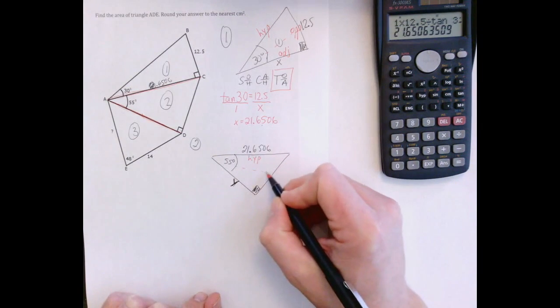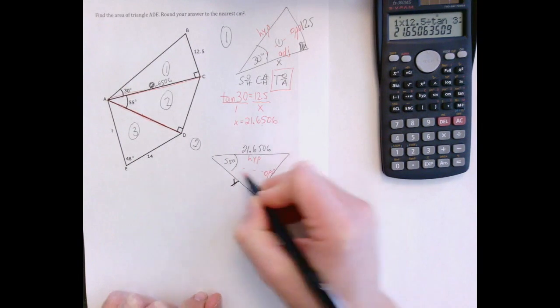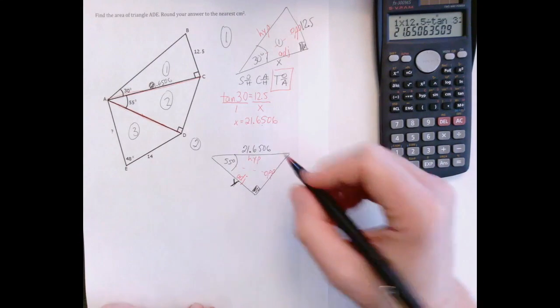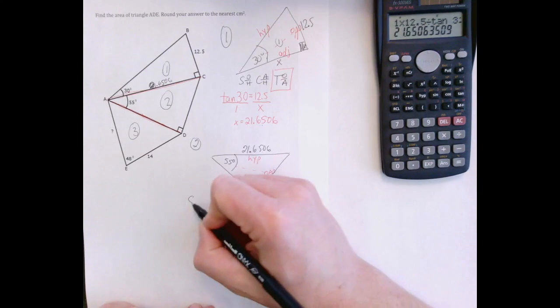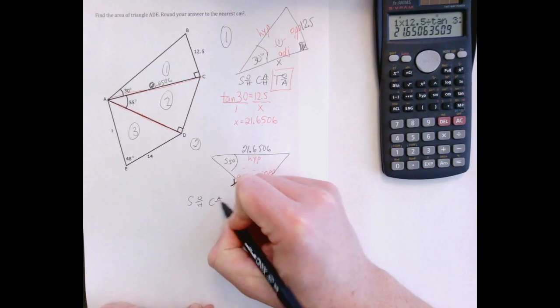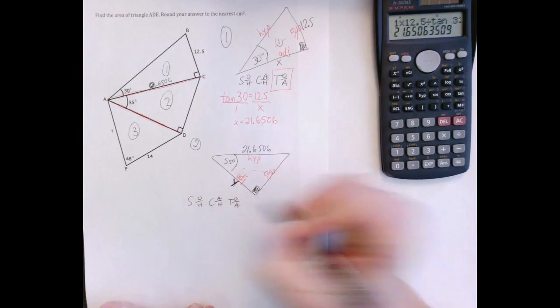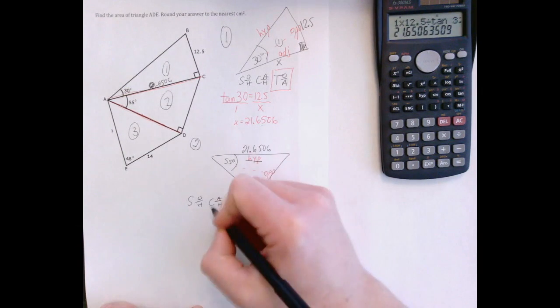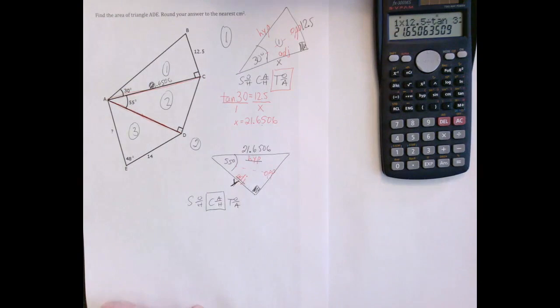Across from the angle I'm working with is opposite, and the third side is called adjacent. So out of SO, CA, and TOA, I want the one that uses hypotenuse and adjacent. That's A and H. It's right here in CA.